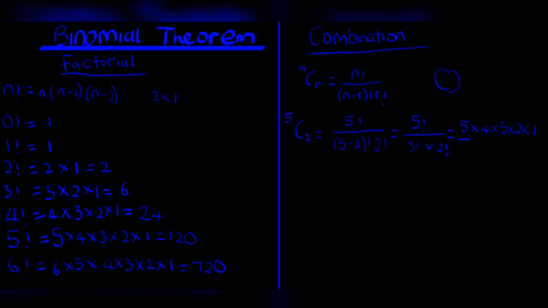How true? 3 factorial, we can choose to also open that up. Remember how we evaluated factorials, right? As 3 times 2 times 1. Also, 2 factorial can also be expressed as 2 times 1, right?